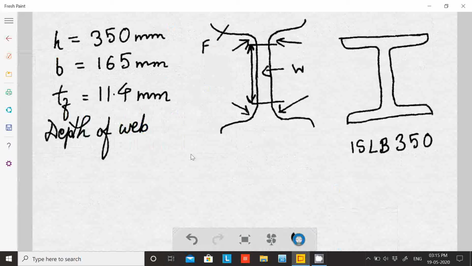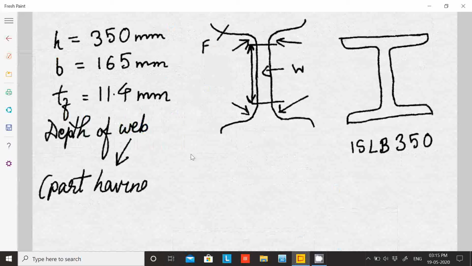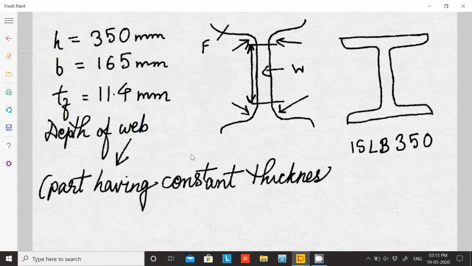So we will consider the part having constant thickness.